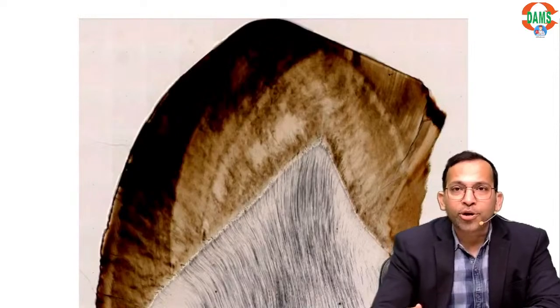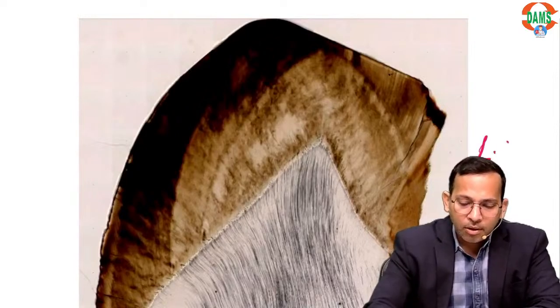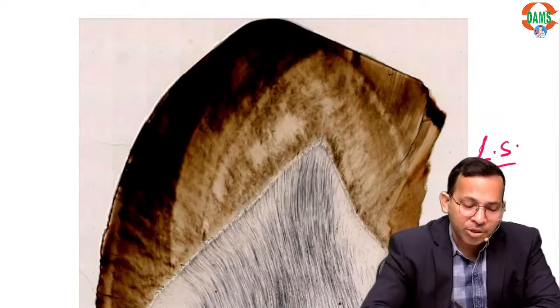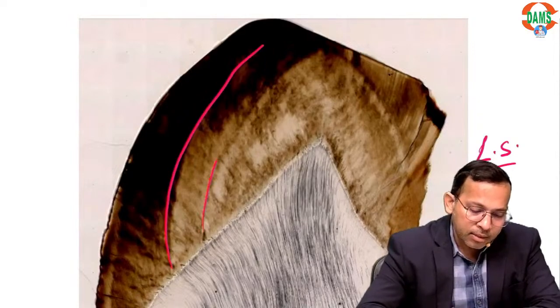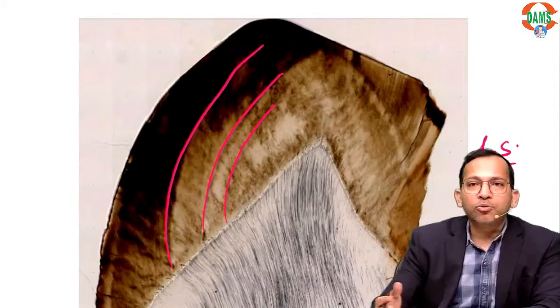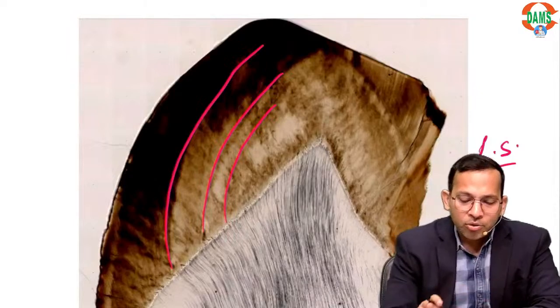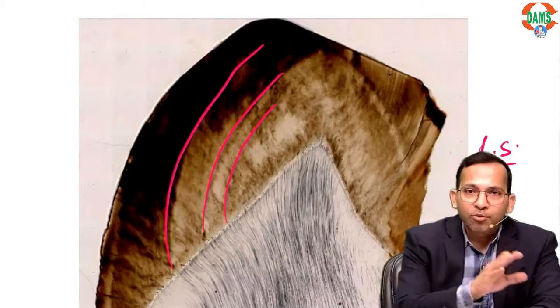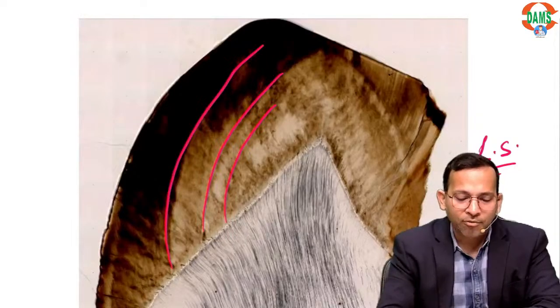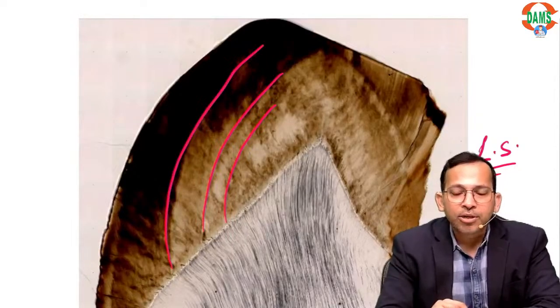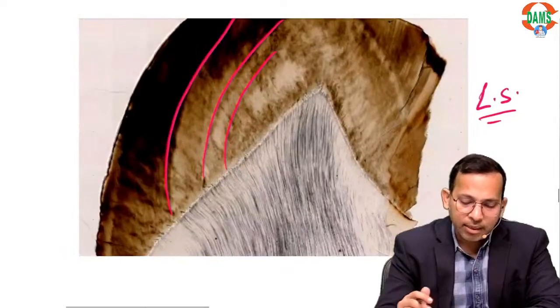But this is a longitudinal section, and here you can appreciate the neonatal line and the striae of ridges moving obliquely to the direction of the enamel rods. So just to give you an idea of how they would appear in the longitudinal section and in the cross section, we have these two different histological slides, right?